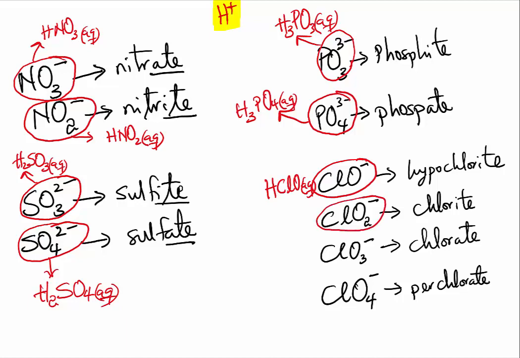ClO2 minus will lead to HClO2. ClO3 will lead to HClO3, while ClO4 will lead to HClO4.